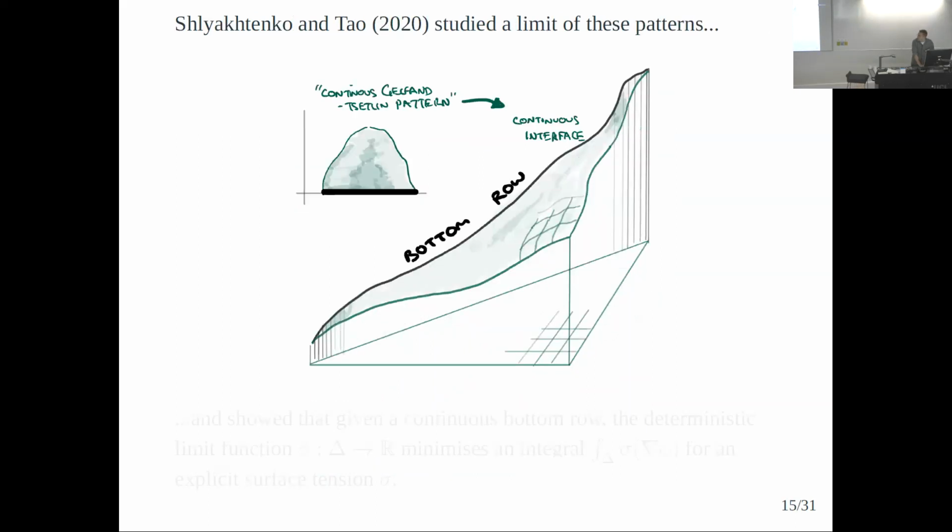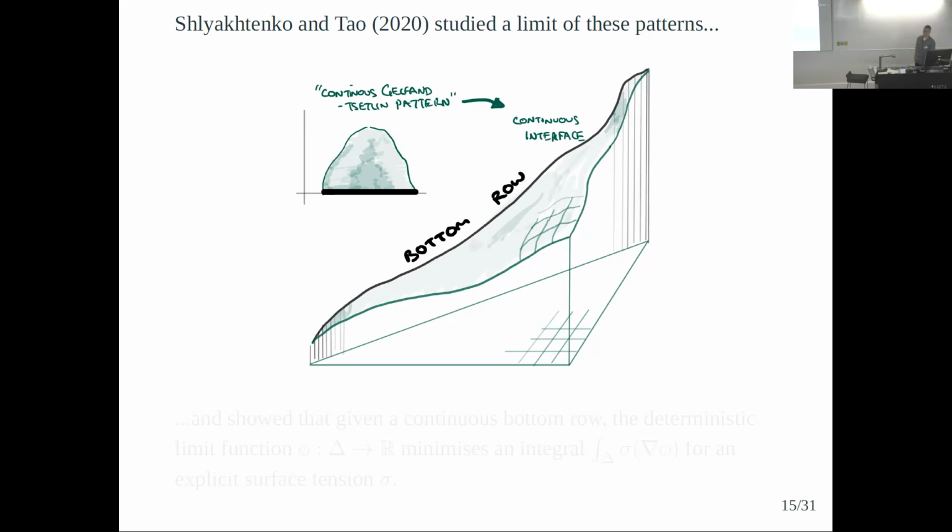So Shlyakhtenko and Tao, in some recent work in the setting of free probability, which is an abstract area of probability connected with operator algebras, studied what can be understood as continuous analogues of Gelfand-Tsetlin patterns. And they're associated, again, by the bijection we saw before, with continuous interfaces.